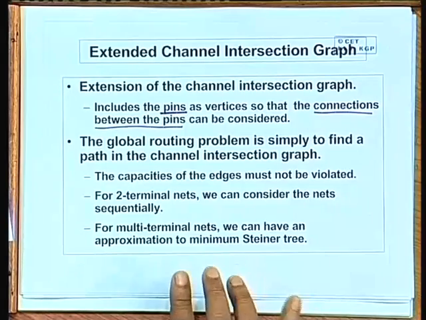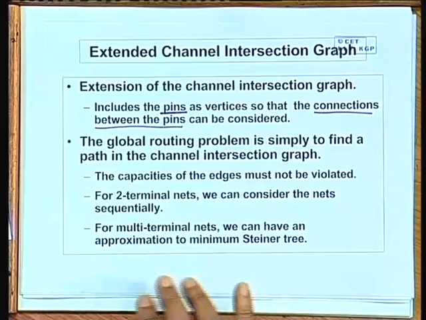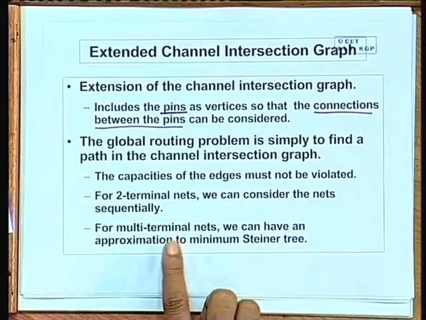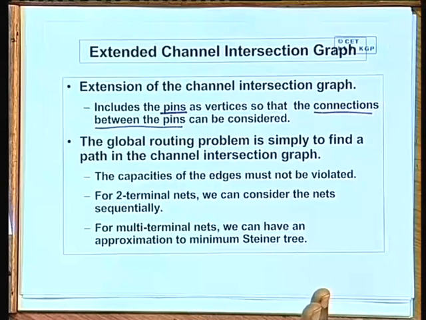They will not give you the best solution in general, because finding out the best multi-terminal net solution is a hard problem. Okay. But for a pair of pins, there are algorithms for doing that. Okay. So these are the different ways of representing.